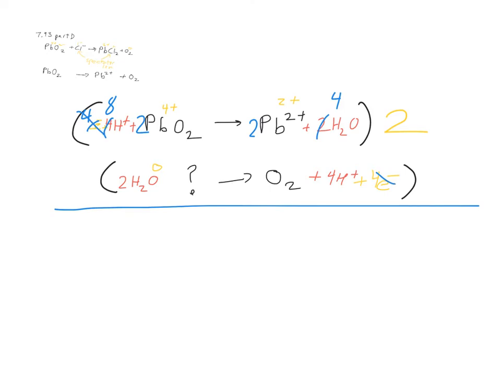I come to 8 hydrogens here, 4 hydrogens there, so that gives a net balance of 4 positive over on this side. Then I've got 4 waters over here, 2 over here, so that gives me 2 waters over here.